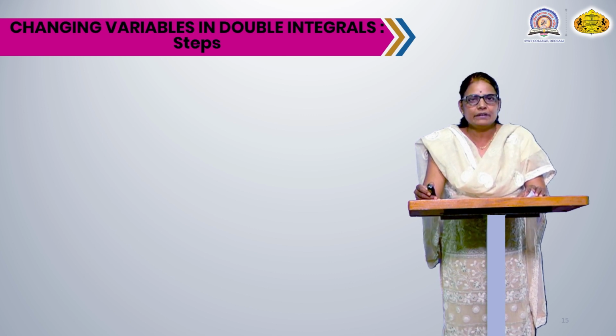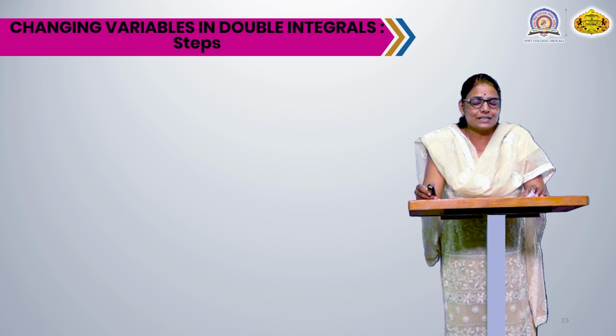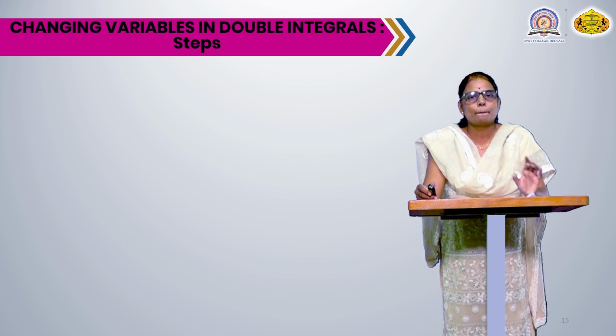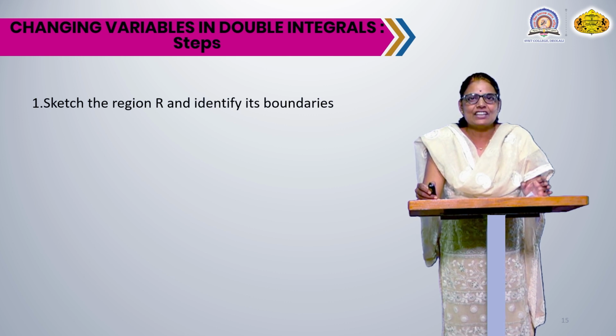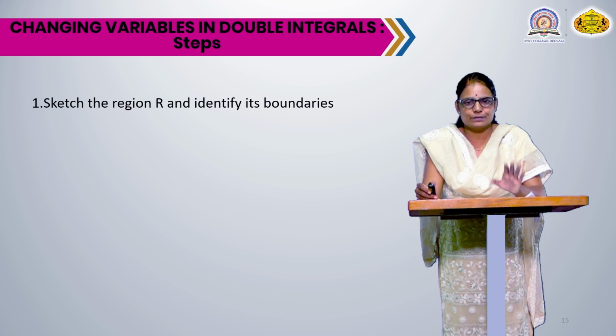So generally we follow the following 4 steps to calculate a double integral by using the change of variables or substitution method. The first step is, first we sketch the region R in the xy plane and identify its boundary. This is our first step.